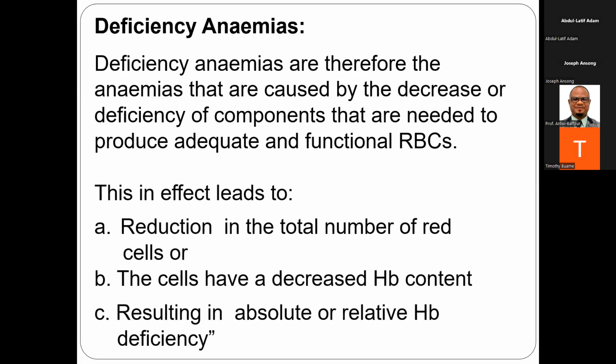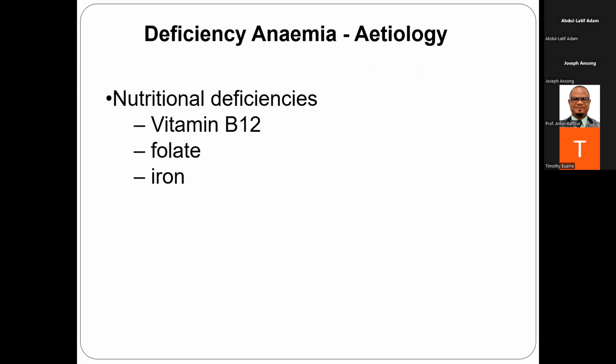And of course, the loss or the deficiency leads to reduction in the total number of red cells, which is a sign of anemia, or decreased hemoglobin content, and this will then lead to absolute or relative hemoglobin deficiency, like we saw.